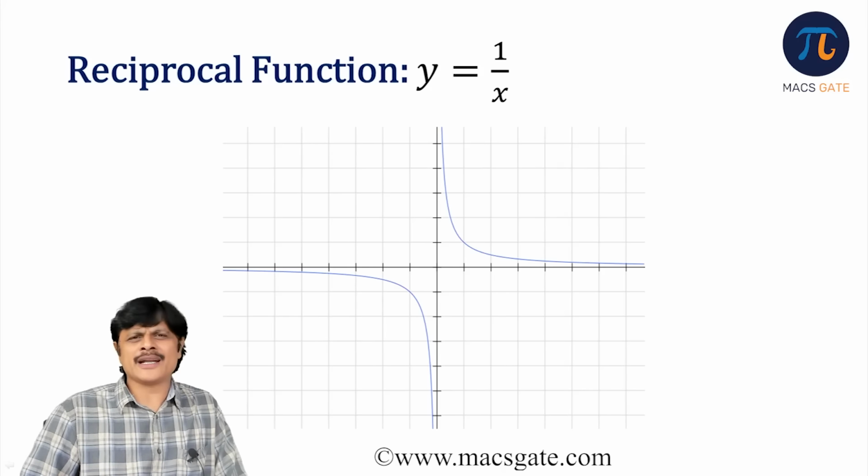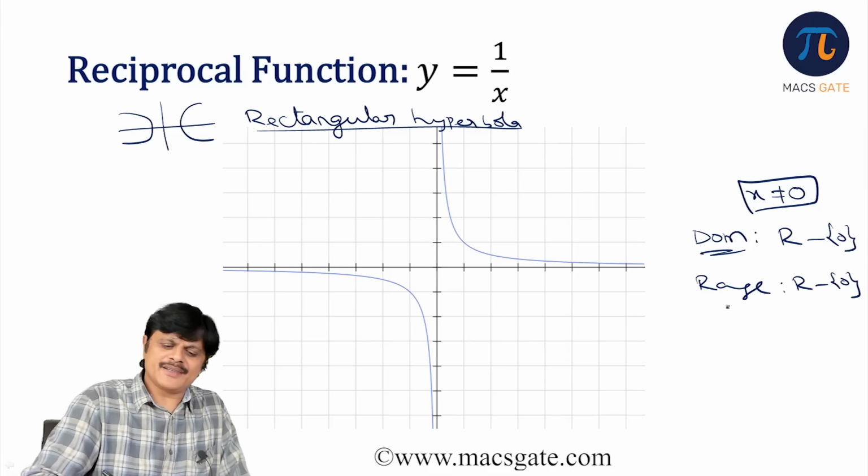So y also will not be 0, so R minus 0 would be the range. So it is a rectangular hyperbola. You know the general hyperbola graph, right? This is a hyperbola, but it's called a rectangular hyperbola because the hyperbola parts lie in the first and third quadrants. There is a special name, rectangular hyperbola. And this is the graph of this.